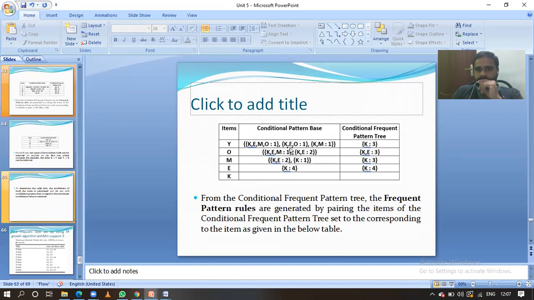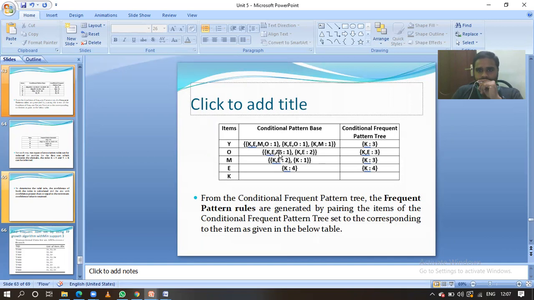E is only 1-2 times, less than the minimum support, no need to write it here. Likewise M, how many times? 2 times, less than the minimum support, no need to write. Likewise O, 2 times, less than the minimum support, no need to write. Likewise for O also, let us write the conditional frequent pattern tree. For K, how many times is it repeated?